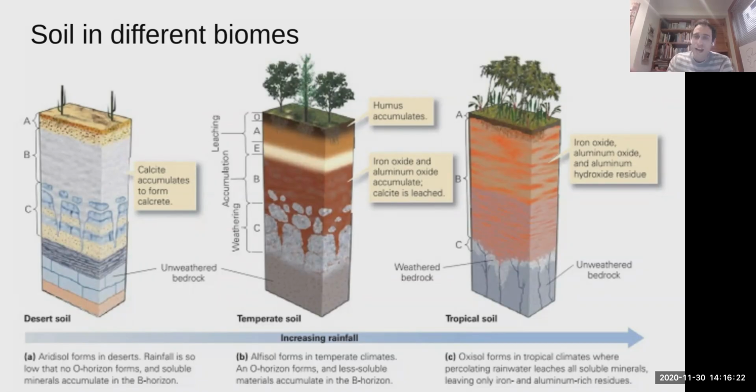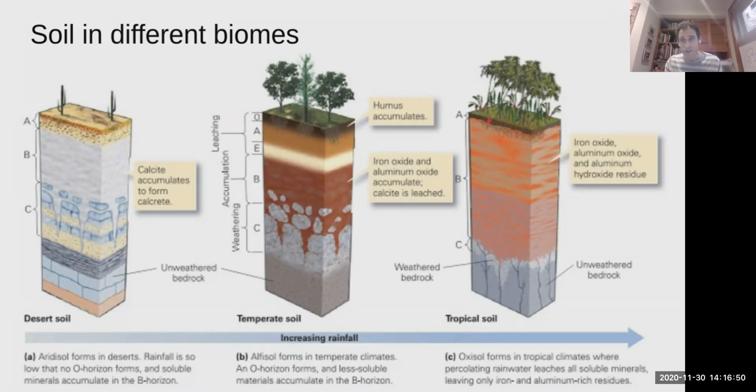The rate of decomposition is so high in the tropical soils that the O layer never really accumulates. Also notice how small the A layer is. Because of all the rainfall, there's a fair amount of topsoil erosion in the tropics, but also the A layer gets kind of like those nutrients get sucked up.